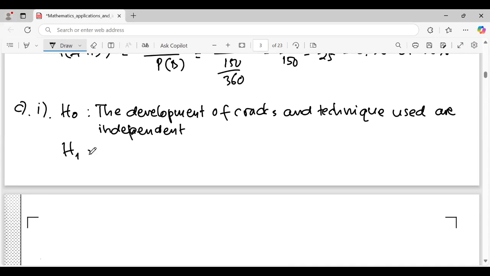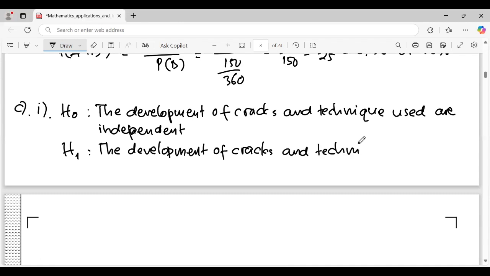And the alternative hypothesis is the development of cracks and technique used are not independent.